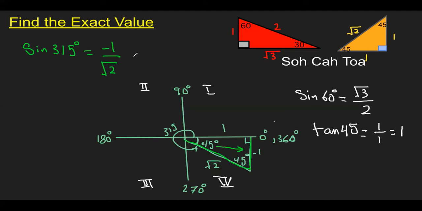But some teachers would like you to rationalize the denominator by multiplying top and bottom by √2 over √2. And that should give you -√2 over 2. So you'll see some of the answers expressed as -1 over √2, and some of the answers will be expressed in rationalized form, which is -√2 over 2. All right.